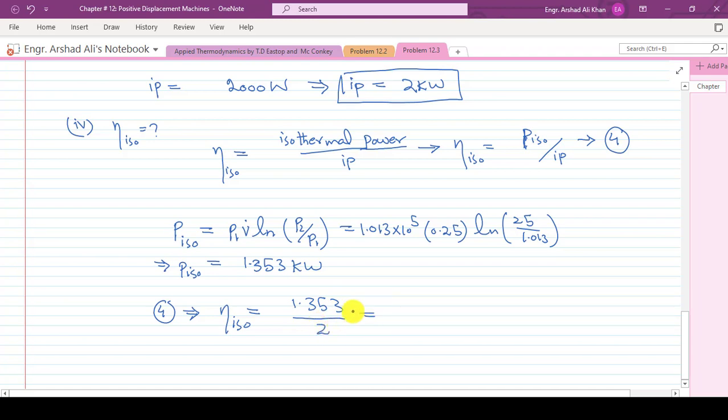So simplifying this, we get the value, that is 0.6765. In percentage, isothermal efficiency is 67.65%. So this is the solution of problem 12.3.